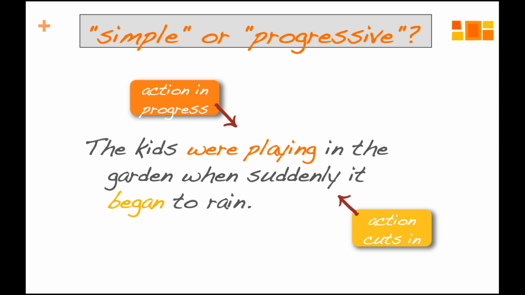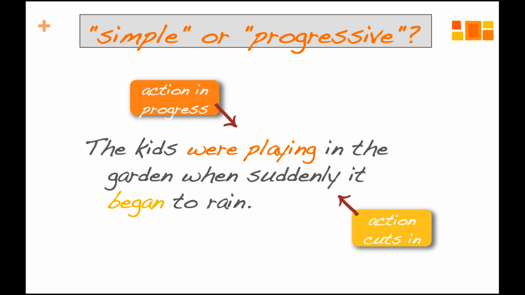So you've got your action in progress, which is your past progressive, your past continuous, and then in the simple past you have that action cutting in. It's a clear setup here. The kids were playing in the garden when suddenly it began to rain. Being in the middle of doing something, the kids were playing in the garden.